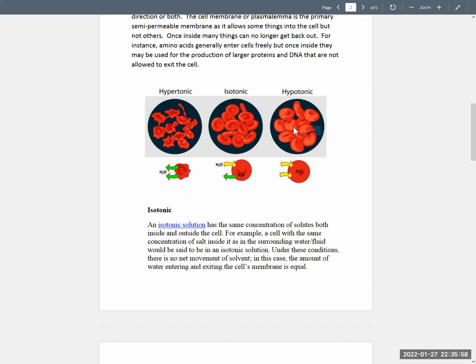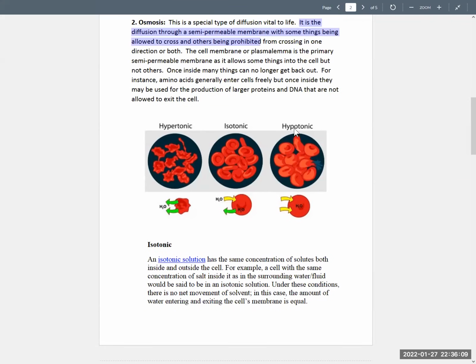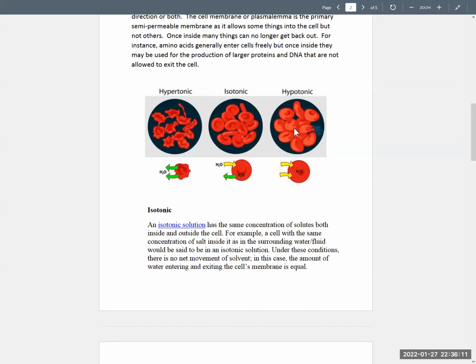If these red blood cells explode, which is likely, it's called hemolysis. Now, I have a description here of each of the three situations. Here's the isotonic situation I described to you in text.